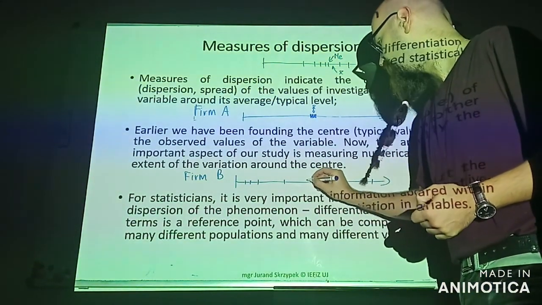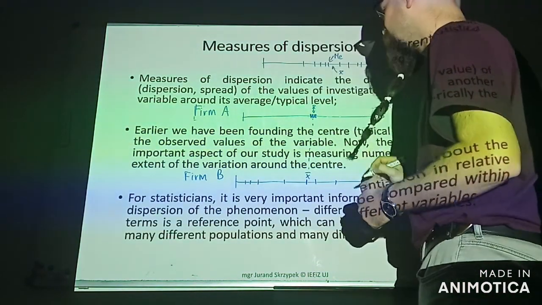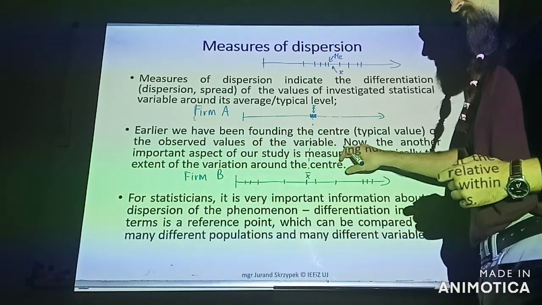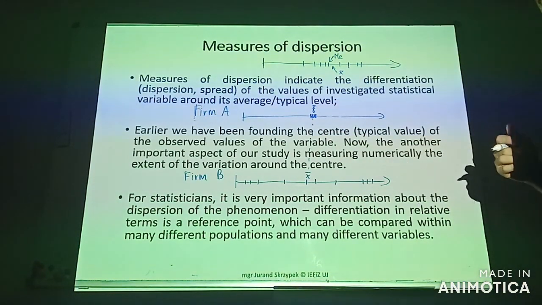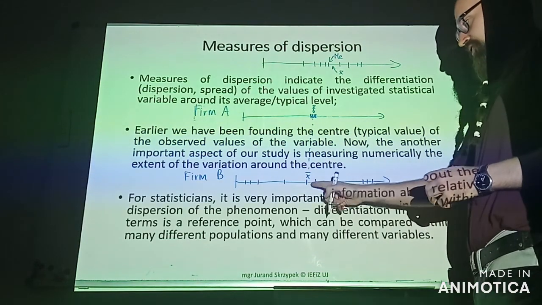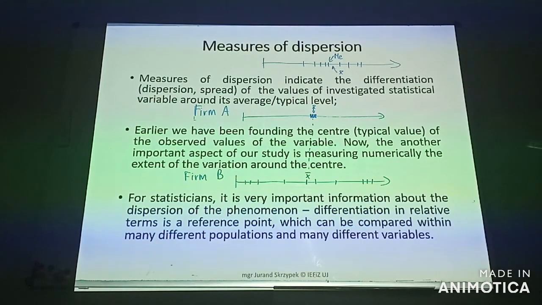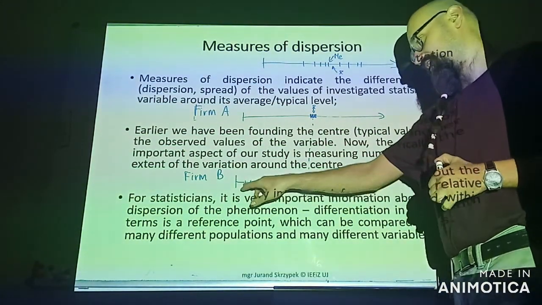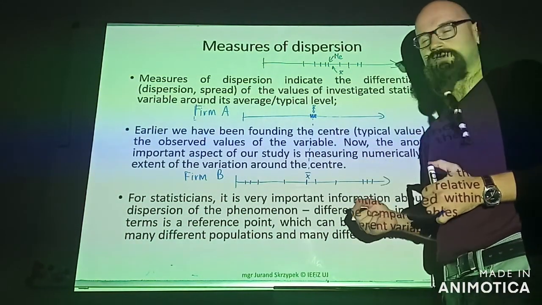And maybe the mean value of monthly wages in both firms is the same, but in this firm we see that the differentiation of the variable values is much higher than in this firm.